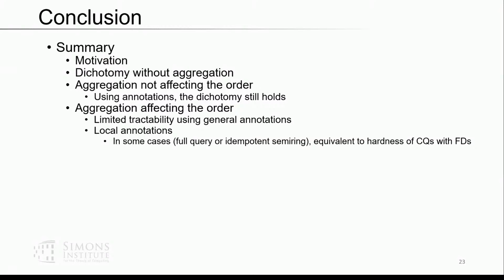And then we saw that when we want the aggregation to affect the order, we hit intractability quite fast. And intractability is a big word, right? I just mean no quasi-linear preprocessing and logarithmic access time. So we hit that very quickly, but then we can still get some more tractable cases by looking at local annotations and sometimes in other ways.